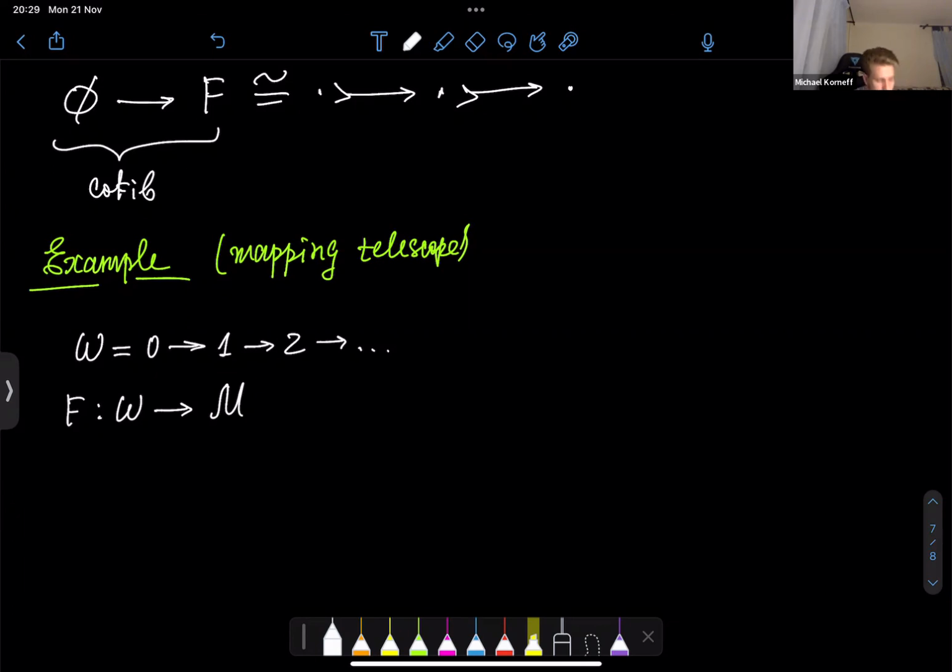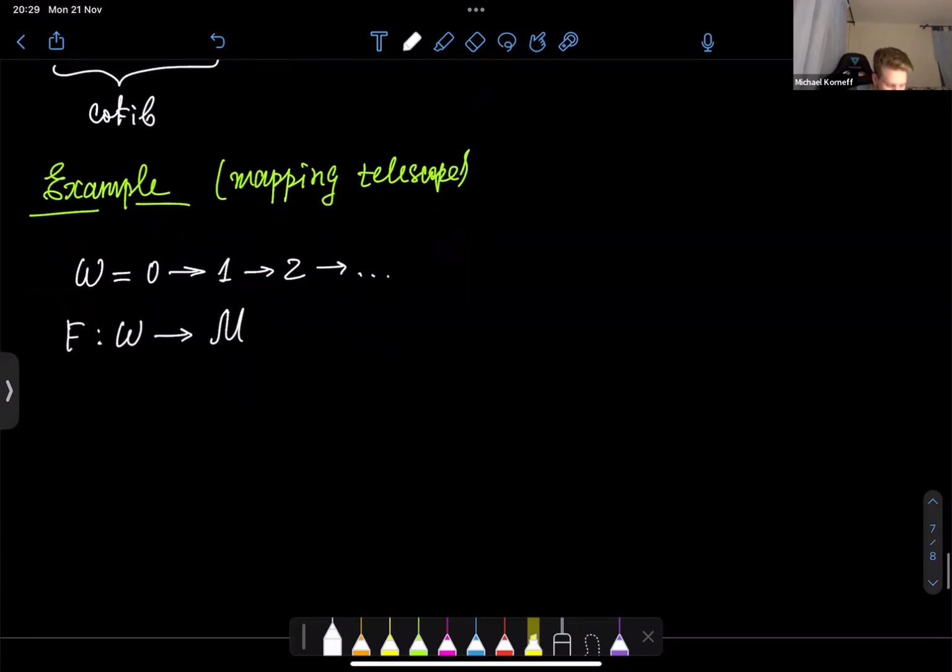And it turns out that this diagram looks like the following.